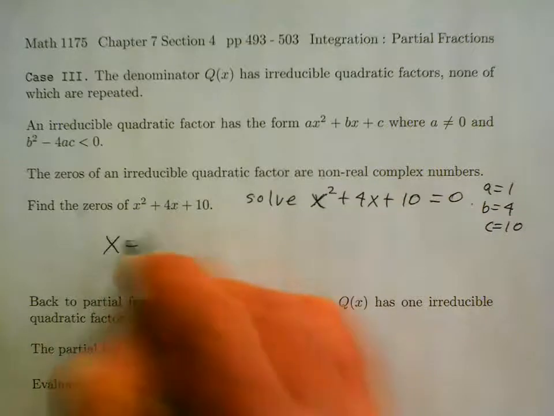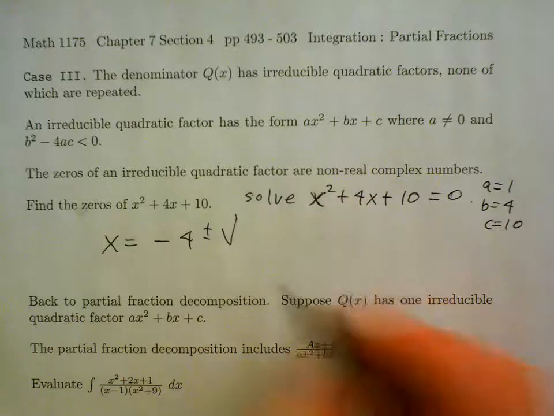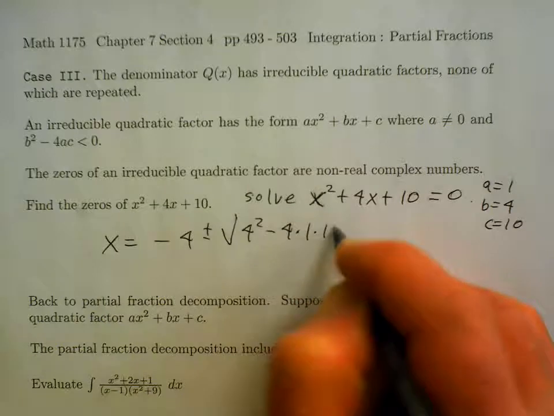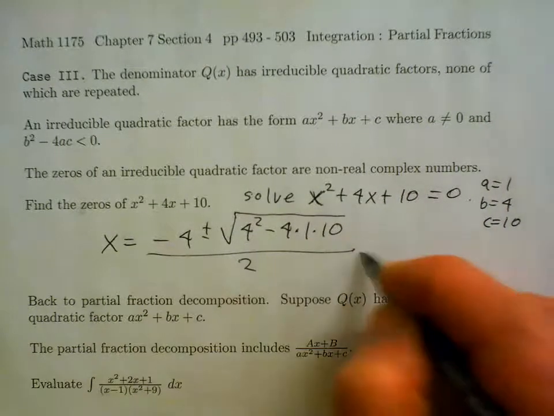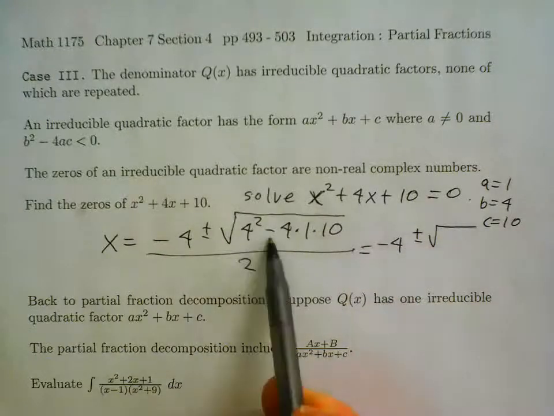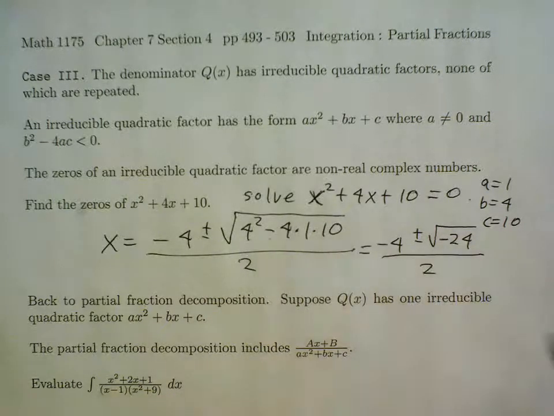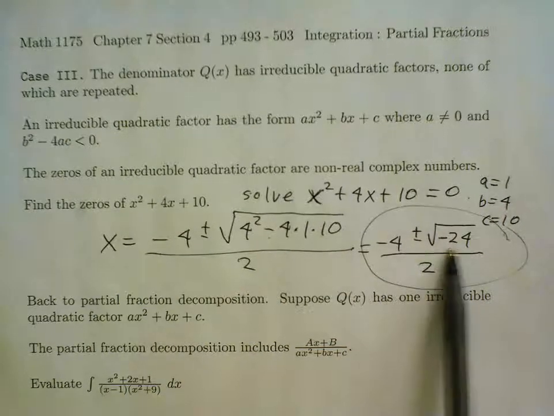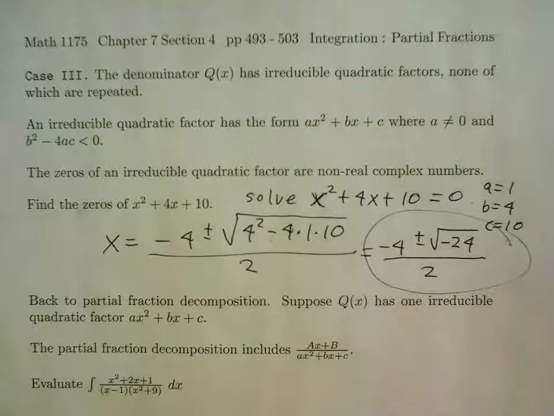So we get x equals negative b, or negative 4, plus and minus the square root of b squared minus 4 times a times c, divided by 2 times a, so we get negative 4 plus and minus the square root of 16 minus 40 is negative 24, all divided by 2. We're about out of time. We could simplify this further, but you can see that the two solutions are non-real complex numbers.